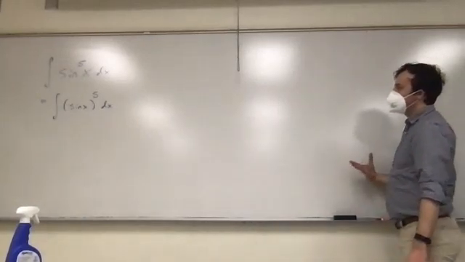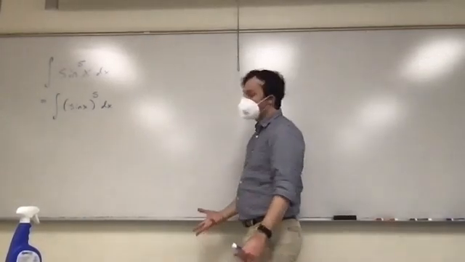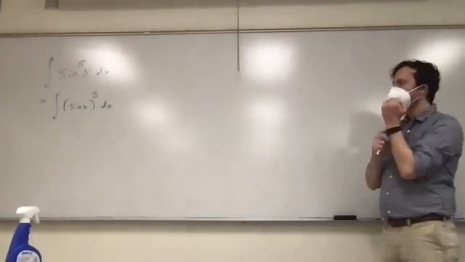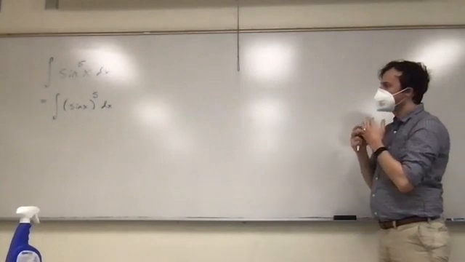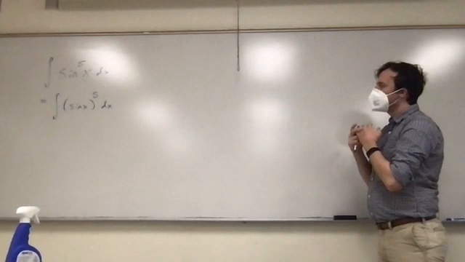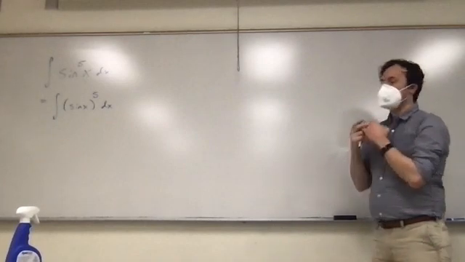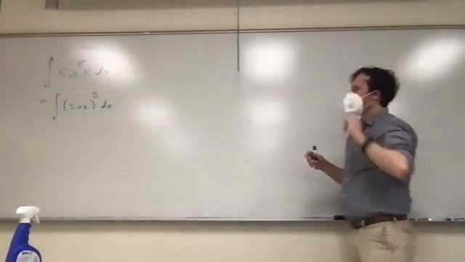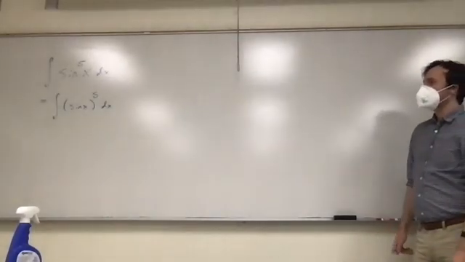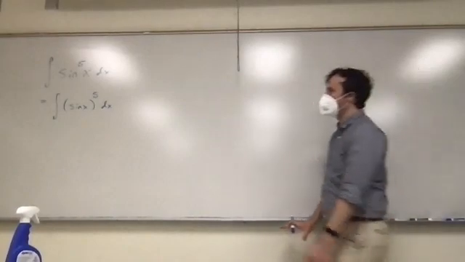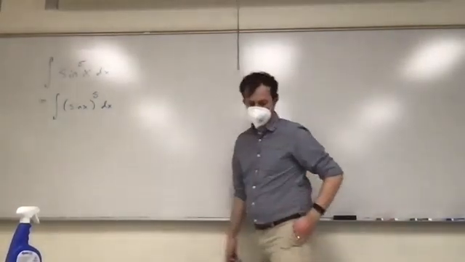To make that other stuff show up, that's where the trig identities come in. If you do 1 plus cosine squared times 1, or 1 minus sine squared of x, and then the sine of x, where we end up is kind of big, so we'll see how we get there. Trying to make that jump from here is probably not a good idea because it ends up being kind of big.